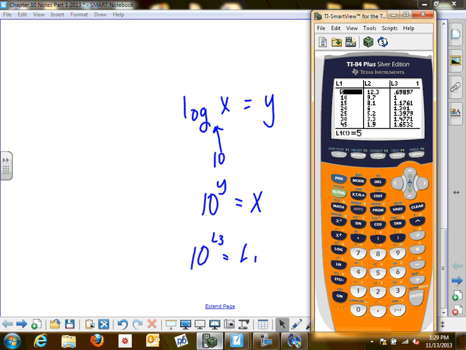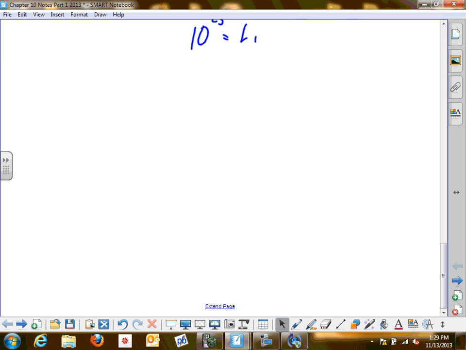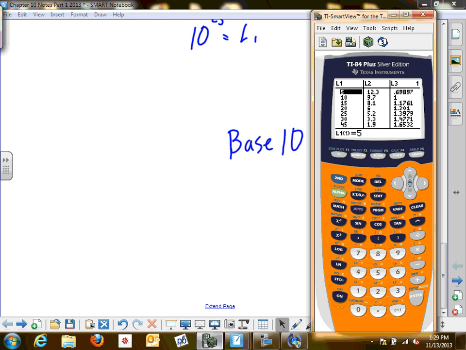So here's what's happening. Base 10, and look at L3. See that 0.69897? That's the exponent. So if I say 10 to the 0.69897, guess what you get? 5. That's what that is. Here we go. 10 to the 0.69897 gives you 5. Okay?